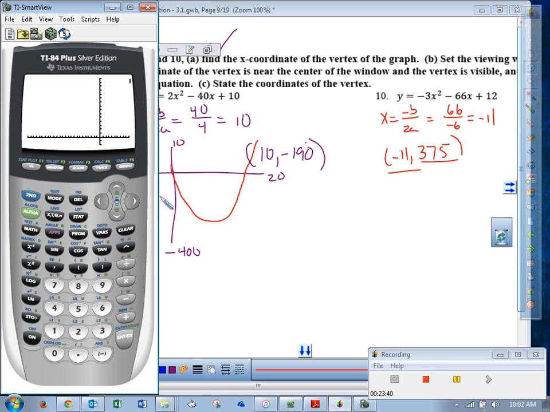Uh-oh, what did I do wrong? Oh, because it opens up and negative. Did I type it? Oh, I didn't type it in. That's what I didn't do right. If you type it in, it'll be on a good window. But I didn't actually type this equation: negative 3x squared minus 66x plus 12.